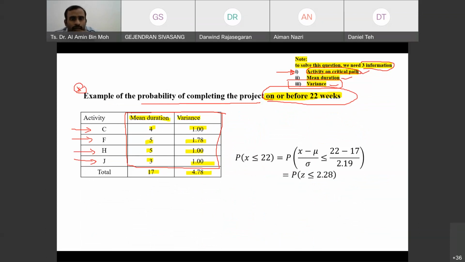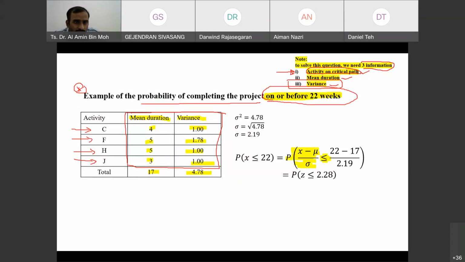For us to calculate the probability, this is the formula. I don't want to repeat the statistics things; you can go and recheck your statistics knowledge. Basically, we want on or before, so that is equal or smaller than this.